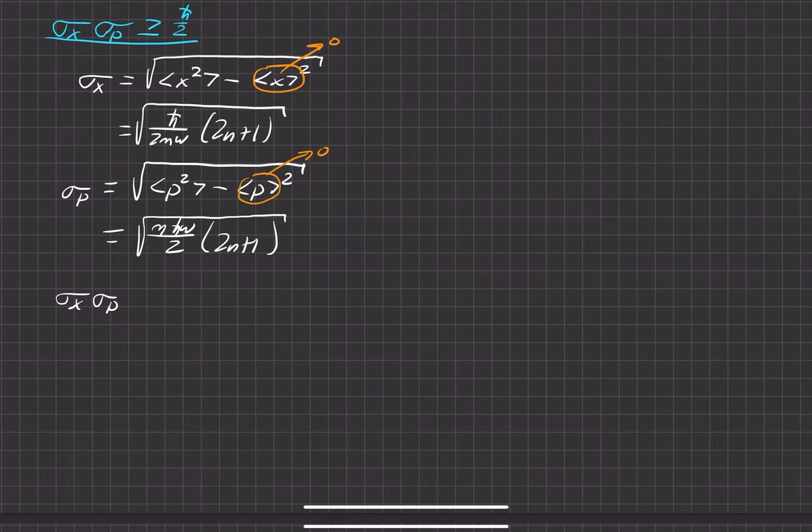which is making sure that the product of these two is actually greater than or equal to h bar over 2. So we'll go ahead and throw these in.